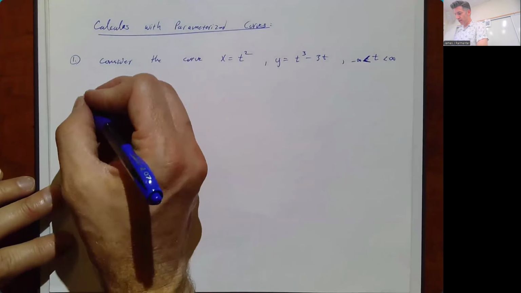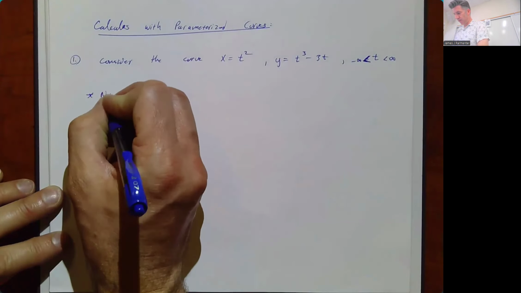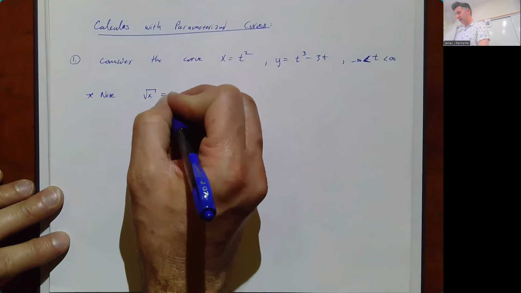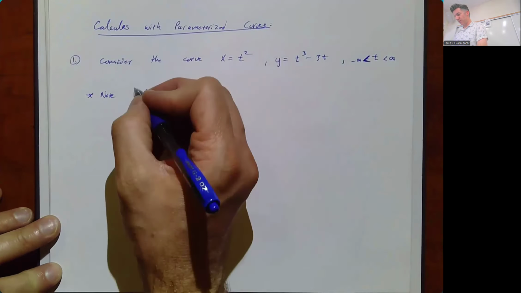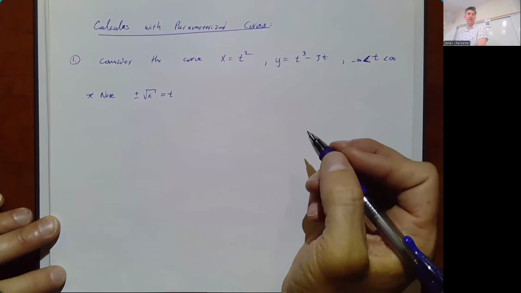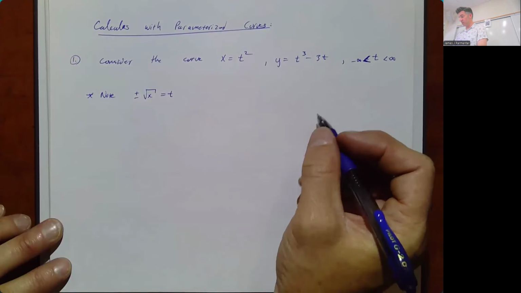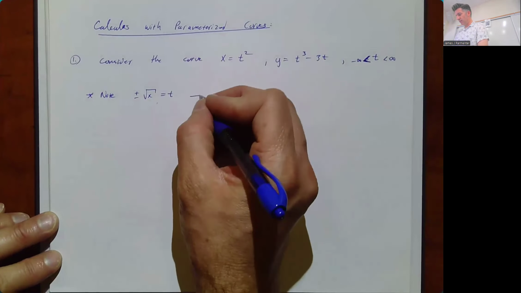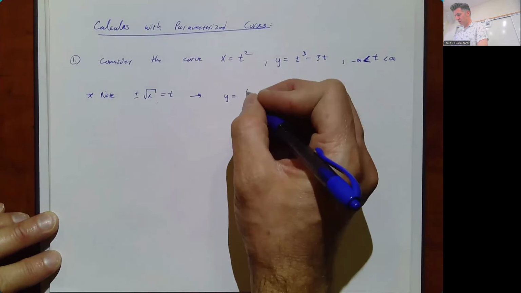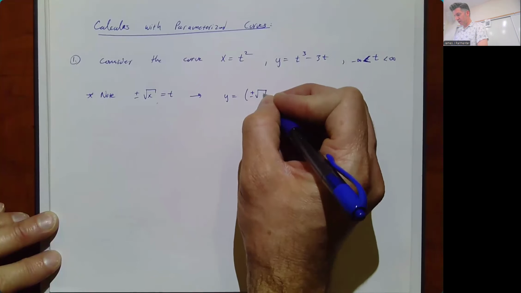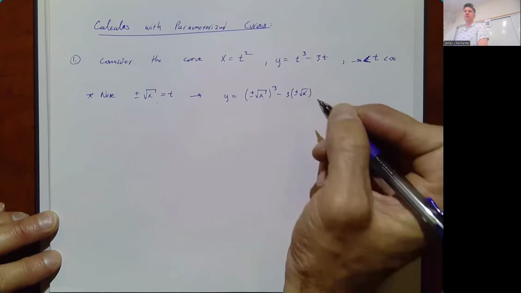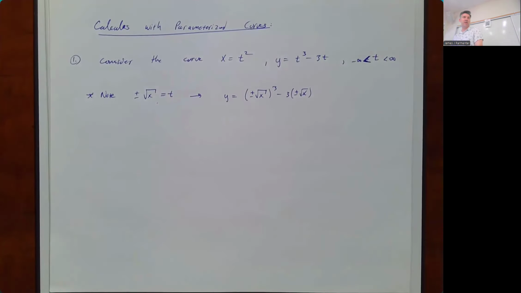Just as a point, note that if we solve for t, we get the square root of x equal to t. Well, technically, it's really plus or minus the square root of x because t can be positive or negative, as we just noted over here. If you try plugging that in over here, you would get y equal to plus or minus root x cubed minus 3 times plus or minus root x, which, again, I don't really know what that looks like.